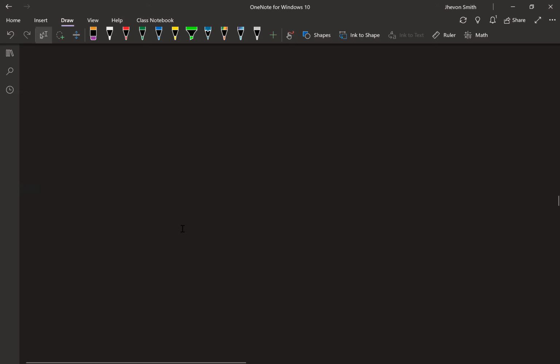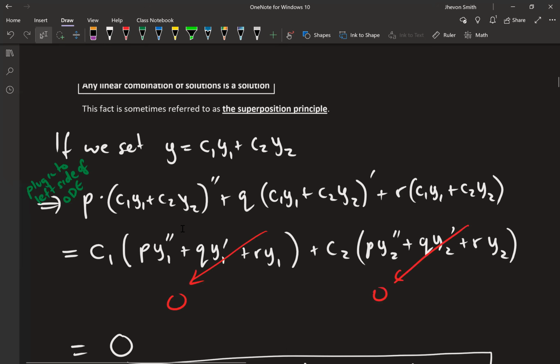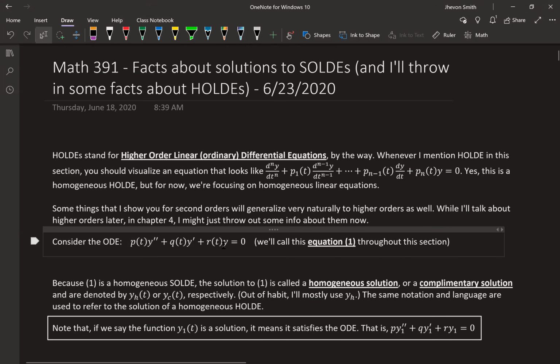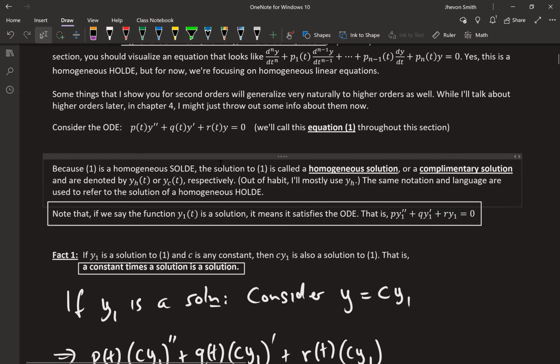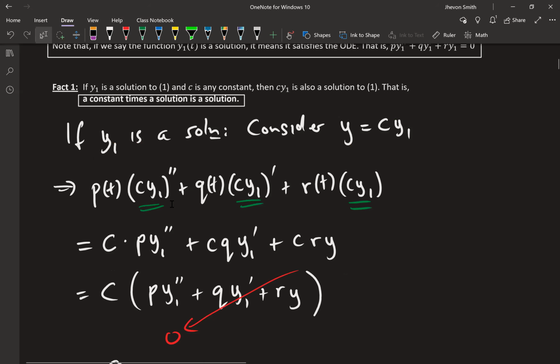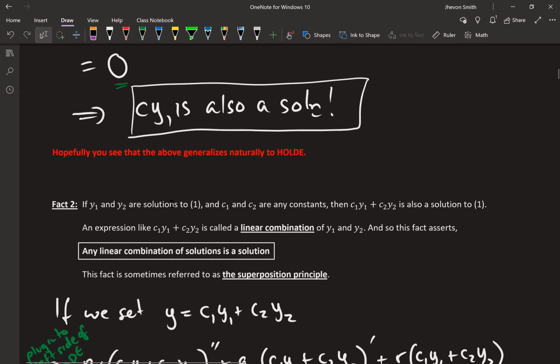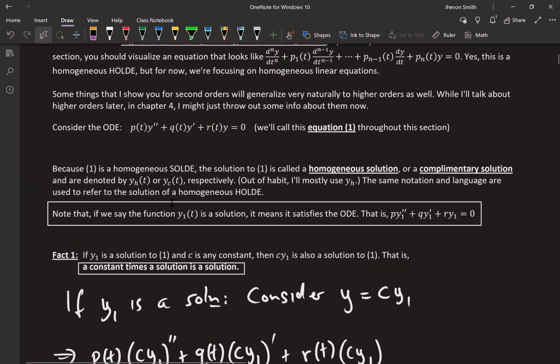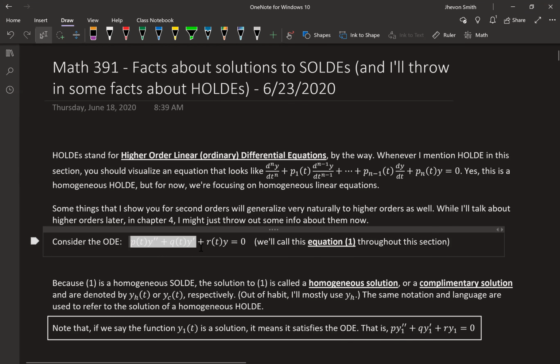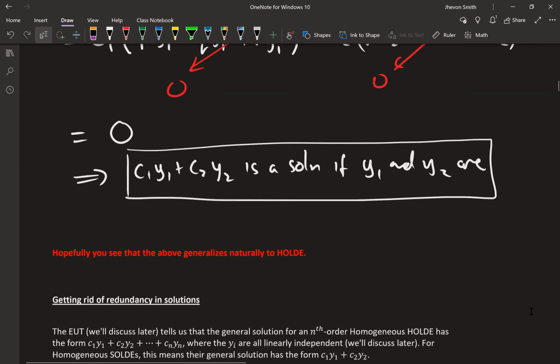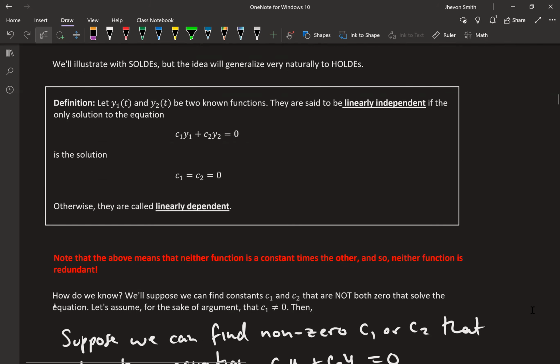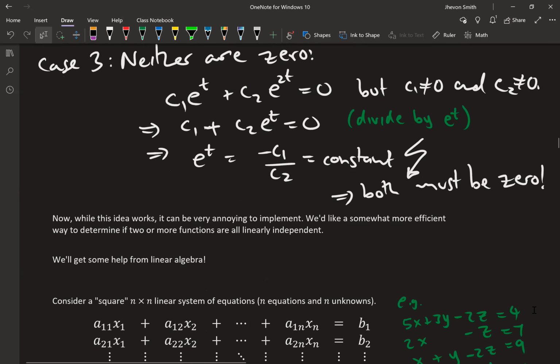So equation 1, if I scroll back up here, is this ODE that I'm talking about. I labeled it somewhere, but I forgot where.